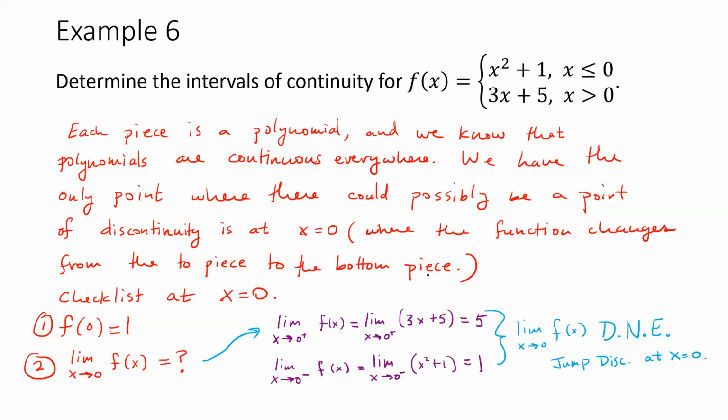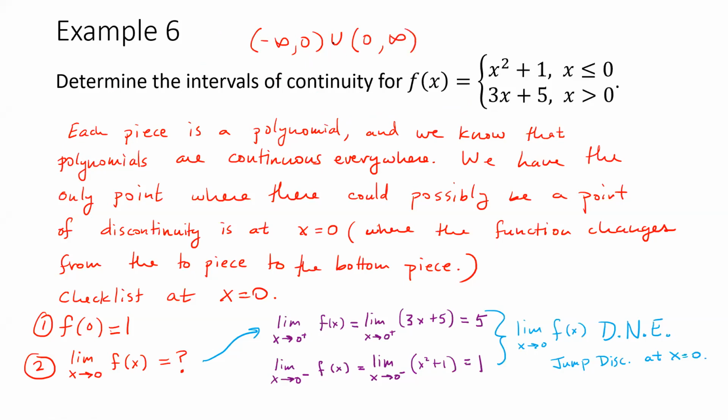So it'll be continuous everywhere except at x equals 0. To answer the question, what intervals will f of x be continuous on? It'll be continuous for every value of x except 0. So it'll be continuous from negative infinity to 0, and then from 0 to infinity.